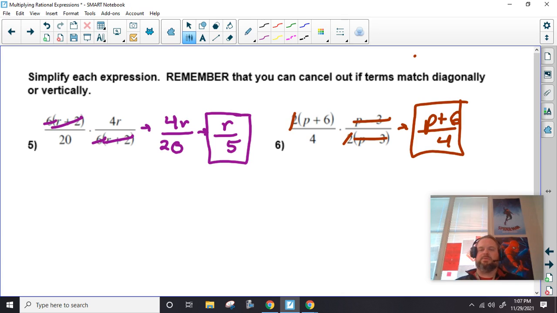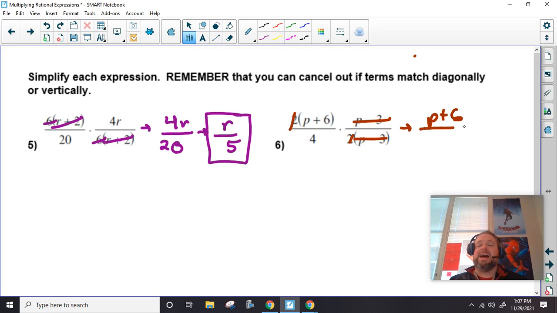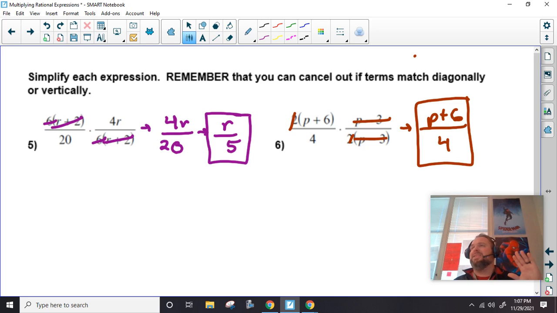Yeah, I actually like this because I actually got one class when I was teaching this in Algebra 1 that would say pew every time that we canceled something out. Pew, pew, pew.